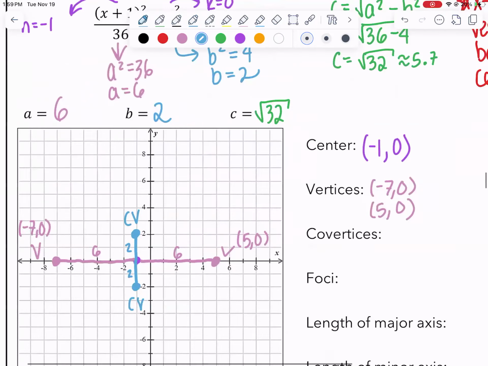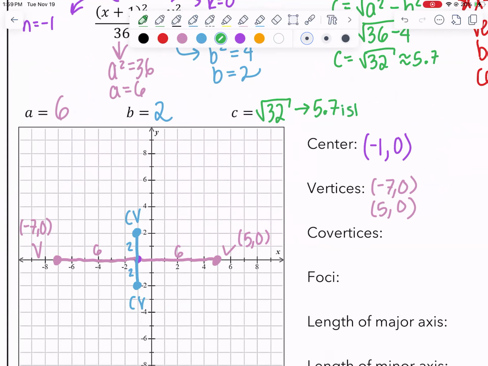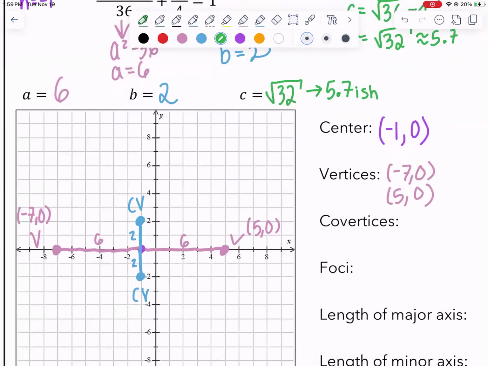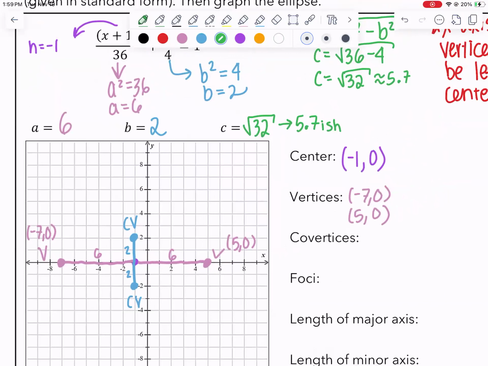For the foci, we said this is around 5.7-ish. So you're going 5.7-ish units to the left and right of the center. We know 5.7 is almost 6, so it's going to be somewhere in here. Oh, we forgot to do these labels. Let me do the labels on the covertices real quick: -1, 2 and -1, -2.